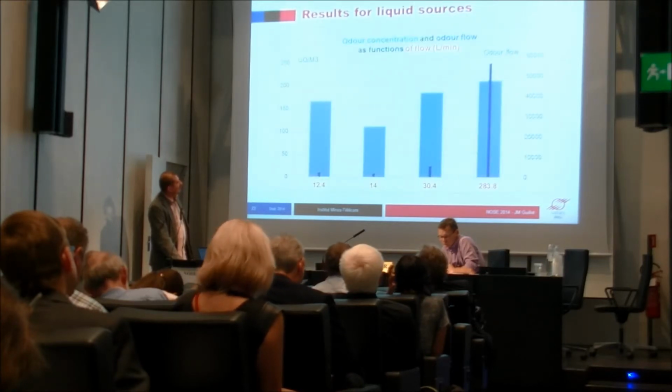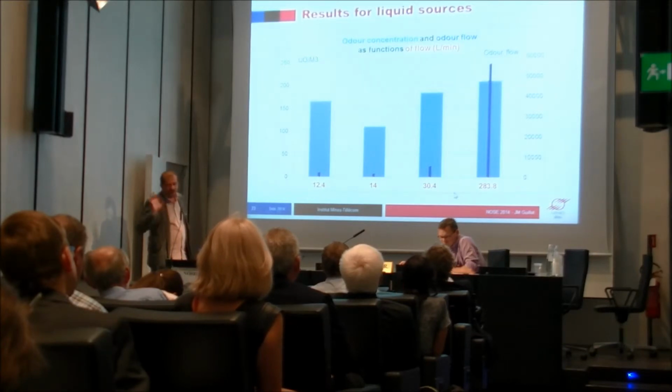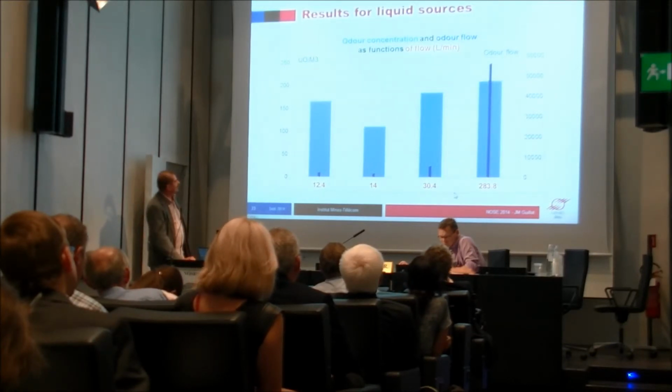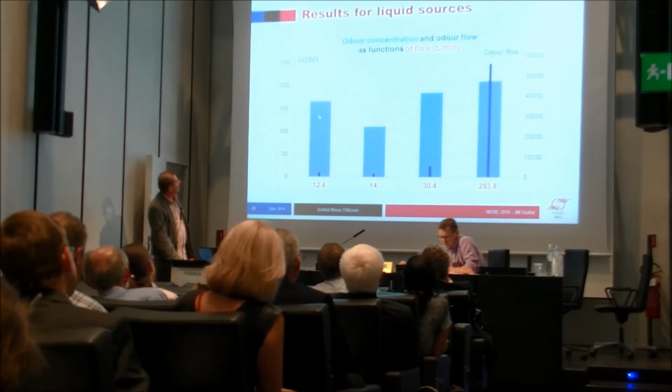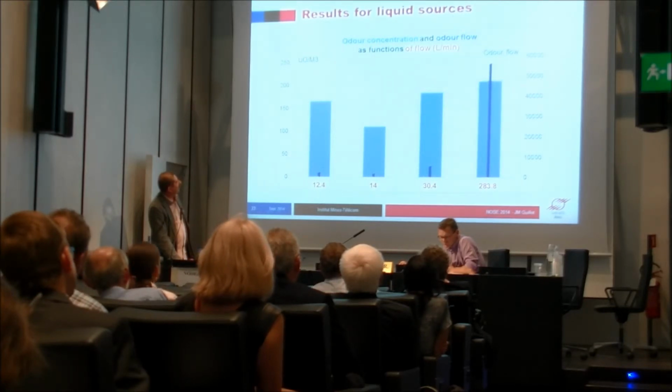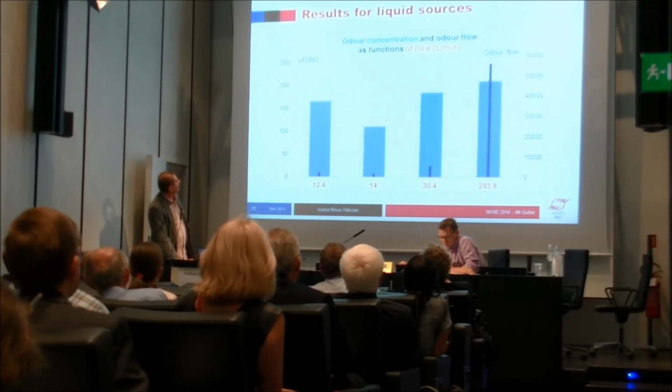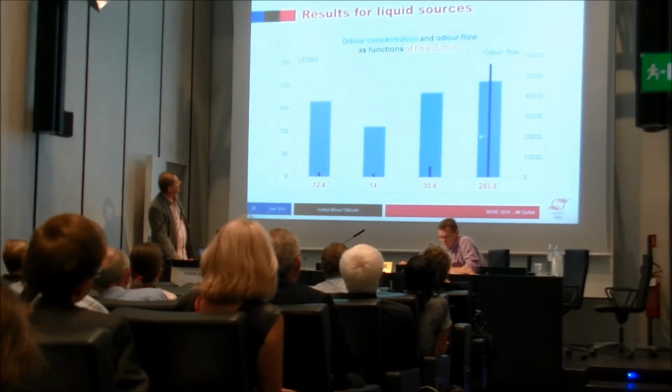It's typically shown here. We compare 4 dynamic devices. We can see here the odor concentration in blue. It's not so different, between 100 and 200 odor units per cubic meter.